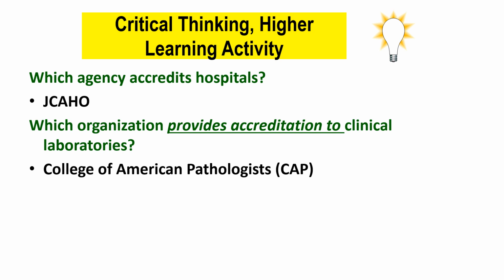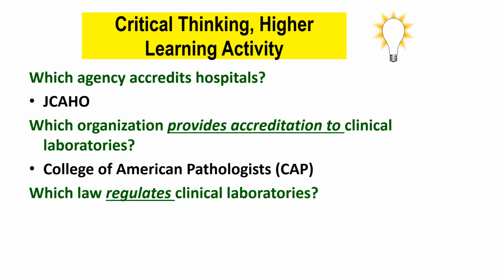CAP, the College of American Pathologists, is the organization that provides accreditation to clinical laboratories. JACO, or Joint Commission, accredits hospitals. But if your lab is inside a hospital, then you will be accredited by both Joint Commission and CAP. What law regulates clinical laboratories? CLIA, right? CLIA is the law.